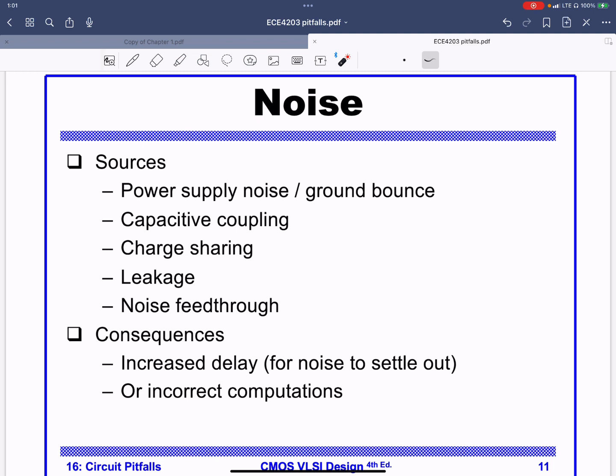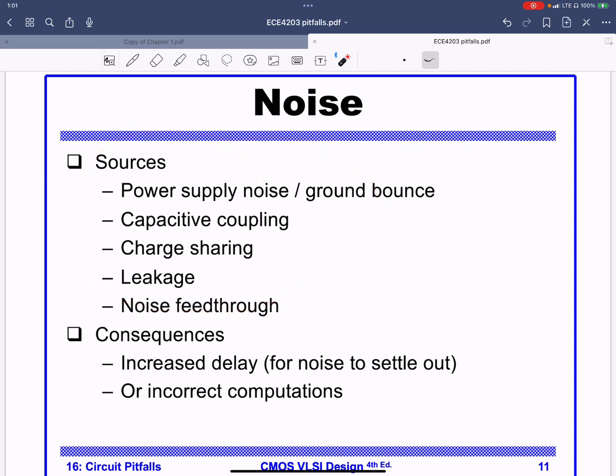By the way, there's two kinds of noise. In the analog domain, you might run across thermal noise or 1 over F noise. These are device level statistical noise variations. The noise that's more important in digital circuits is these sort of environmental noise sources like the ones we're talking about.